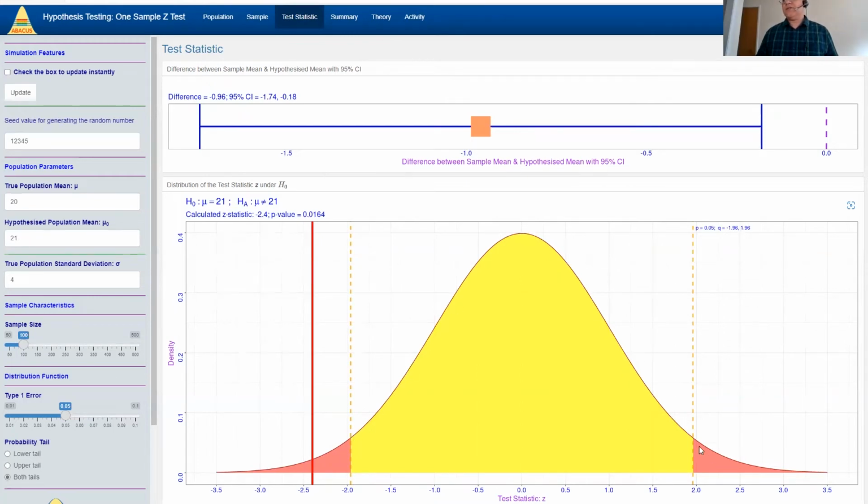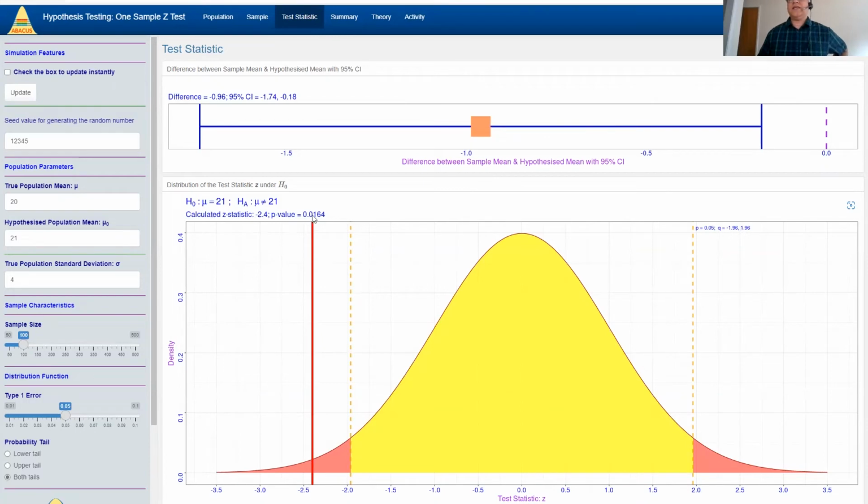So, the probability that our hypothesized value is 21, given that we have observed these samples, what is the probability?